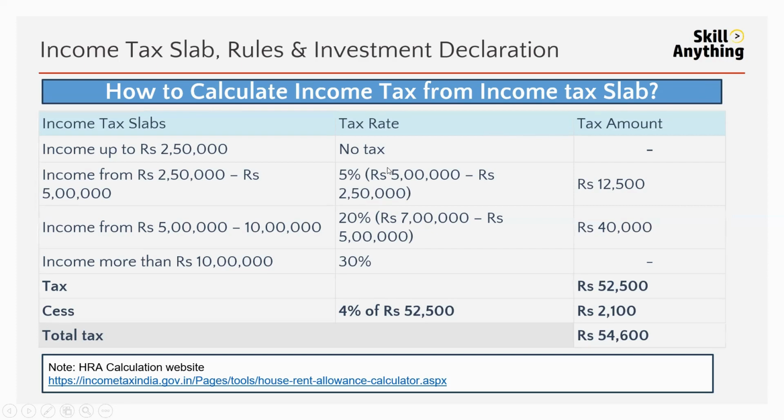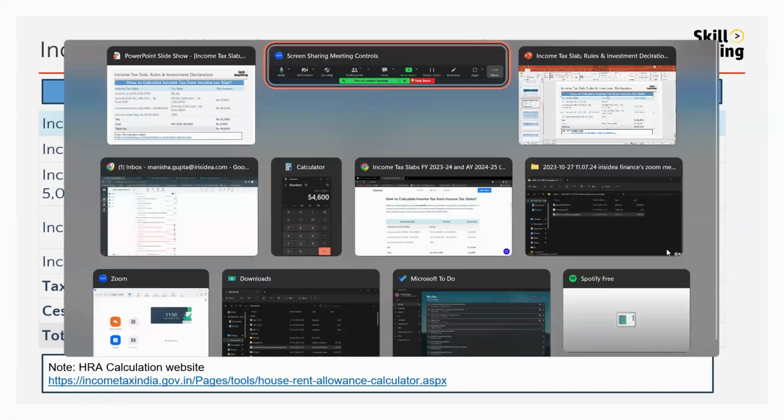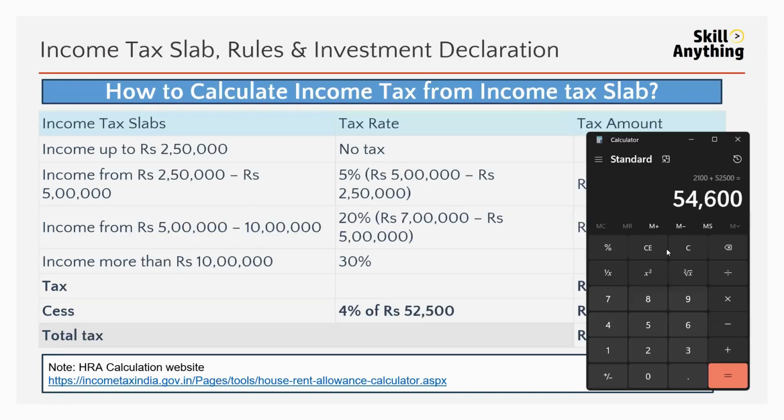After subtracting 12 lakh minus 2,50,000 minus 2,50,000, it will be 7 lakh. The remaining amount, he needs to pay 20% tax. Let's see, I will show the calculation also.